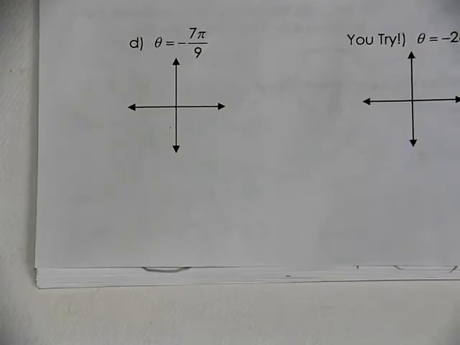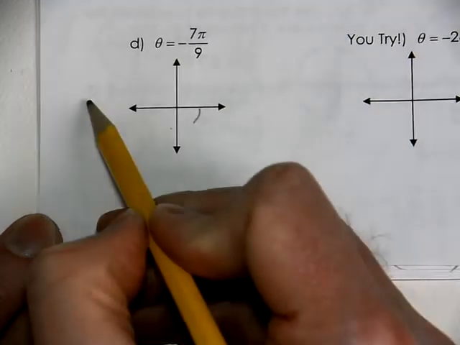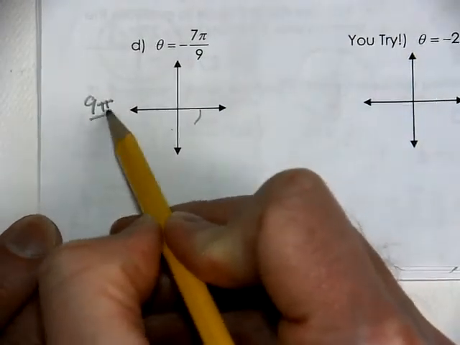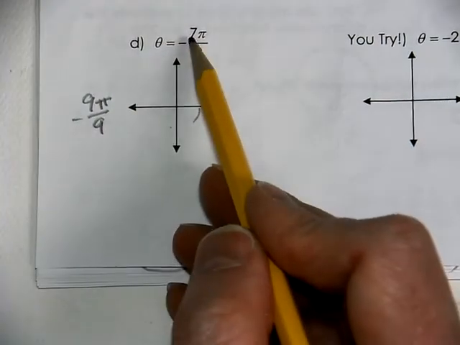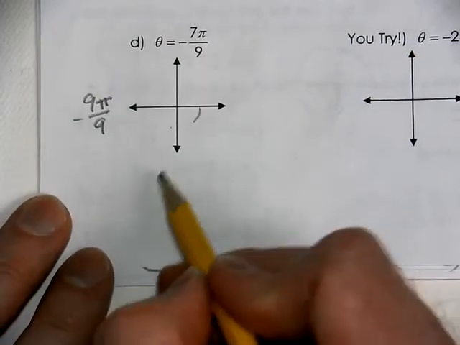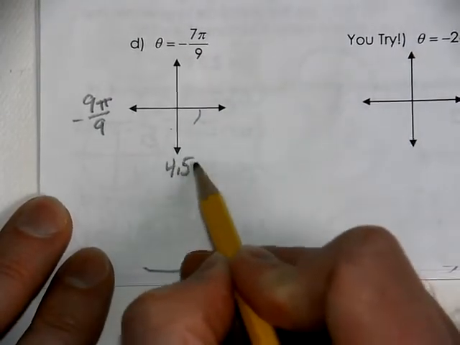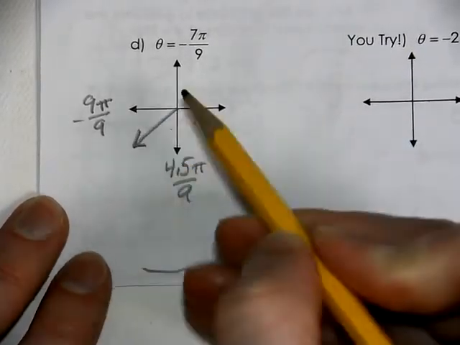Negative 7 pi over 9. Now that is not a unit circle value, so we have to think a little bit. Negative direction, we're going down. We know that 9 pi over 9 would be all the way over, so this is 7 pi over 9. Half of that might be 4.5 pi over 9. So we know that 7 is going to be off in this direction.